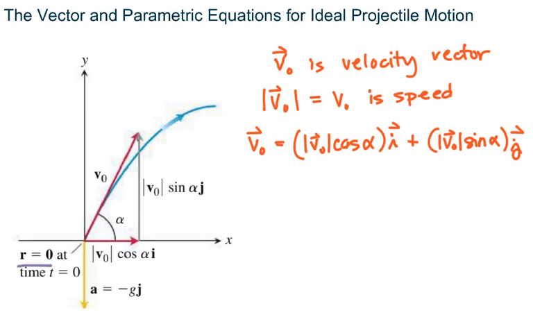The initial position, my r vector, and we'll say that initial position, I'll call it r naught, is the 0 vector. So we're starting at the origin. I have 0i plus 0j, or rather, bold 0, or we put that vector notation above it.